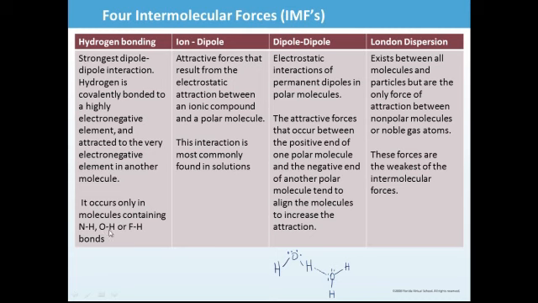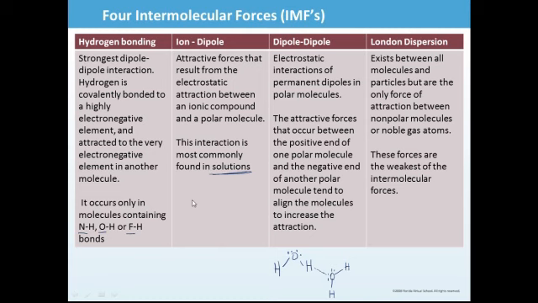And on a side note, just because you have a hydrogen does not mean that you have hydrogen bonding. Once again, I cannot stress enough: nitrogen, oxygen, or fluorine directly bonded to hydrogen. Then we can go to ion dipole. Ion dipole really has to do with solutions.